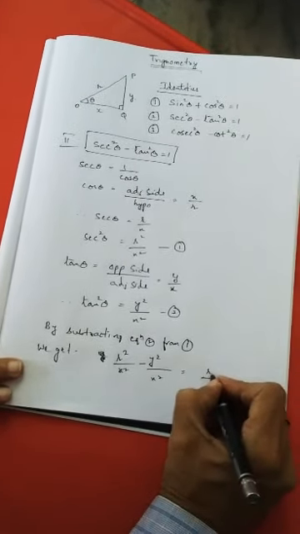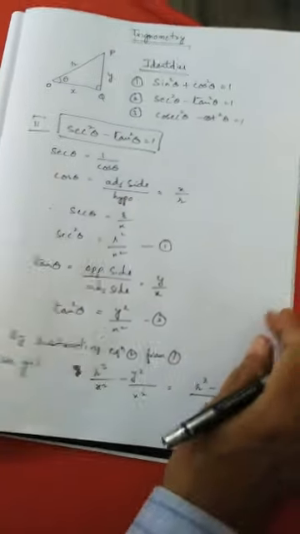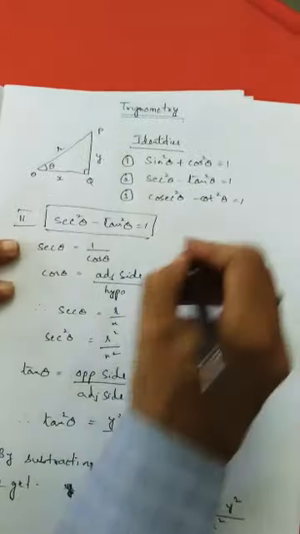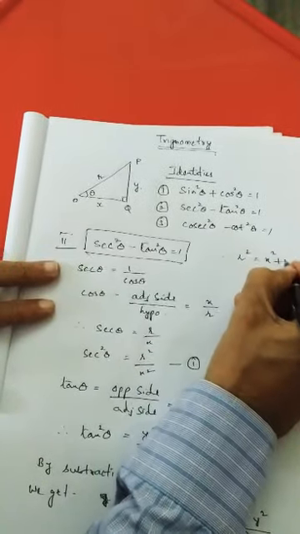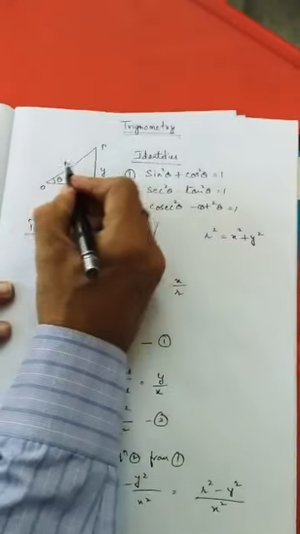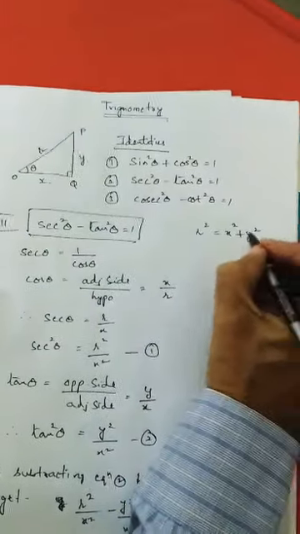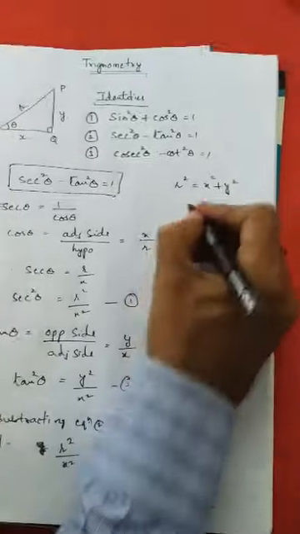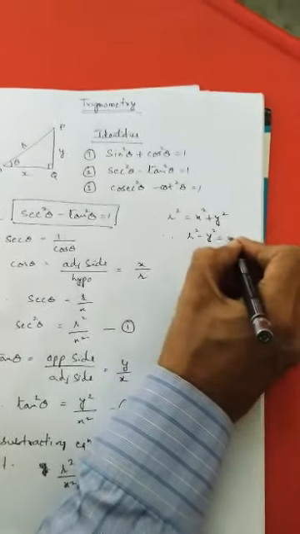so in the numerator we get r square minus y square. Now we come back here, we know that r square is equal to x square plus y square, that is, the square of the hypotenuse is equal to the sum of the squares of the other two sides, according to the Pythagoras theorem. Therefore r square minus y square is equal to x square.